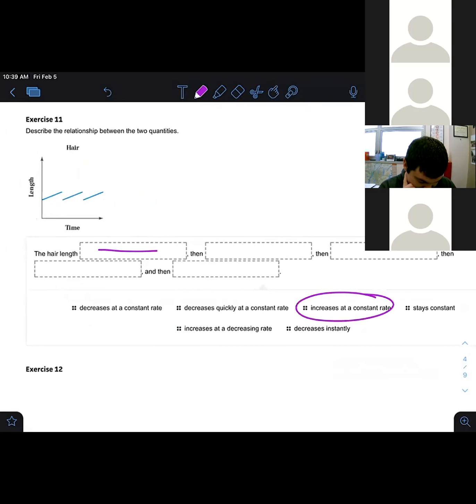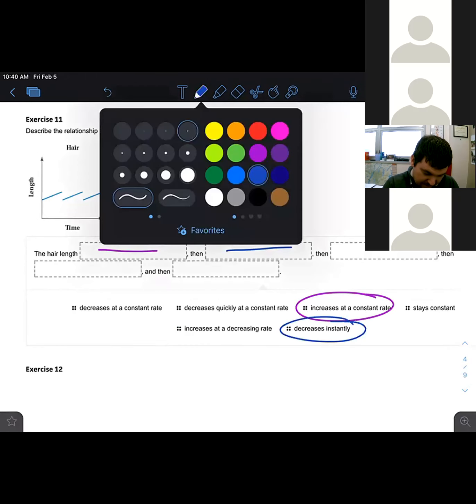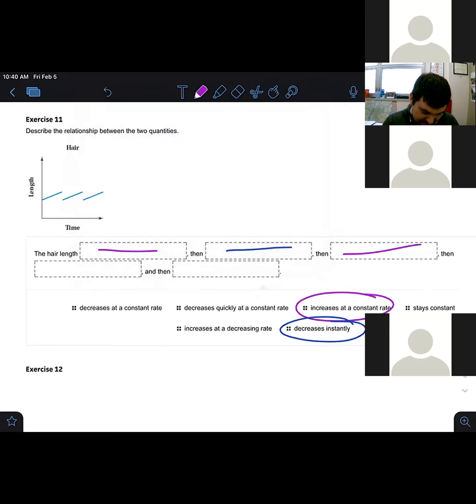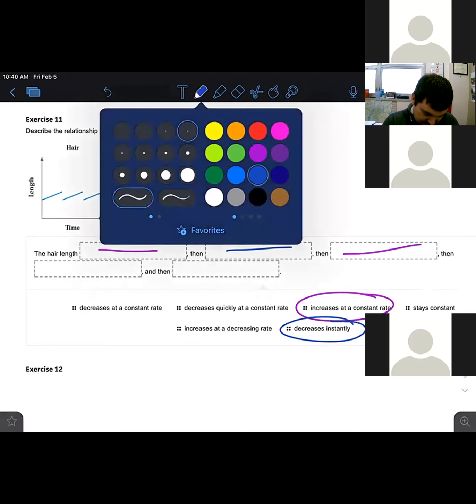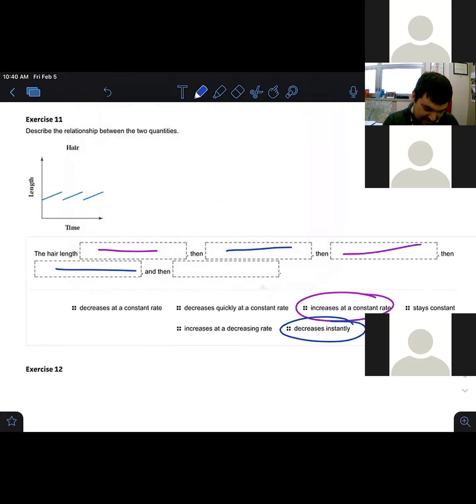Haircut, right? Is it decreasing at a constant rate? Instantly, yeah. So instantly right there. And then it increases at a constant rate again. And then it decreases instantly. And then it increases at a constant rate again. That's just the story of your hair right there.